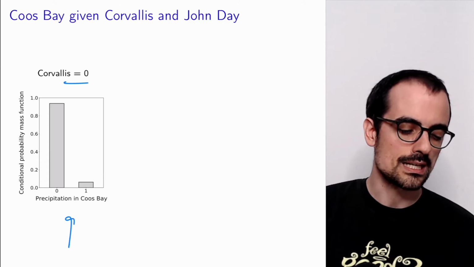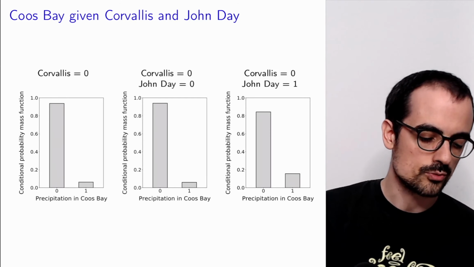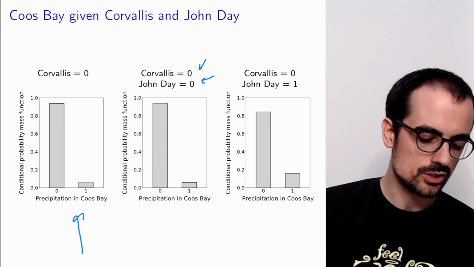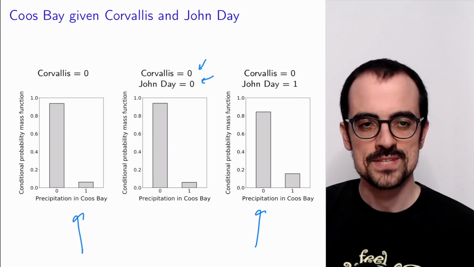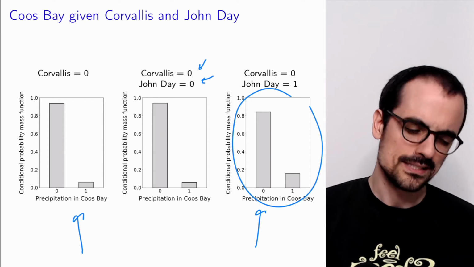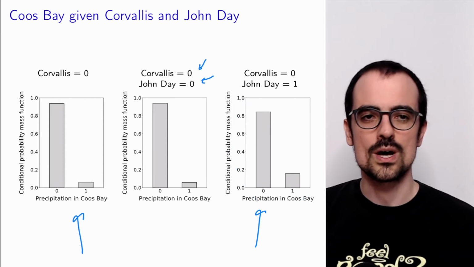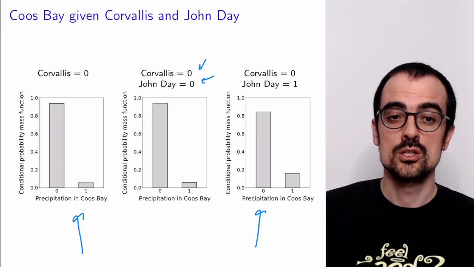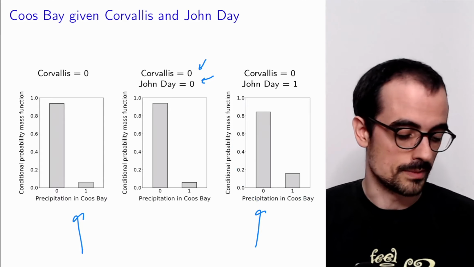And now we're going to see what happens if you condition on Corvallis not raining and also John Day not raining. And what we see is that the difference is much smaller. Okay, so there is a slight difference here, but it's much smaller. Once we know Corvallis, the information about John Day is much less important to what is happening in Coos Bay.